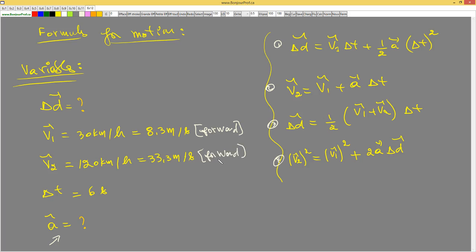They don't say it, but it is forward. Okay, it is forward. So which formula are you going to use? The 2. So I'm going to write it. V2 equals V1 plus A delta T.